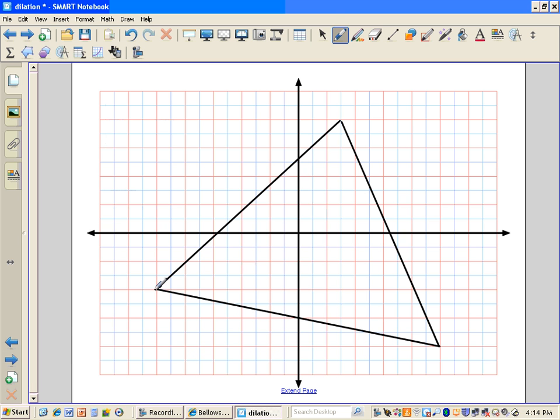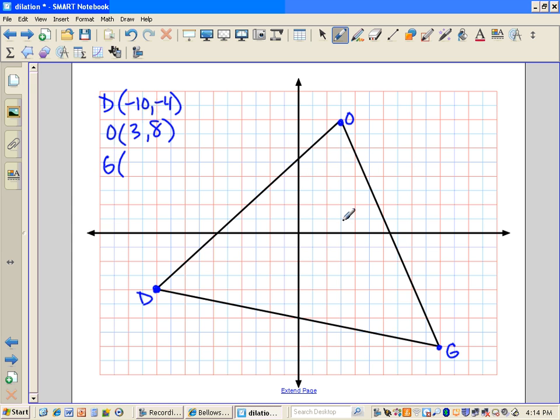So here, let's make this D, O, G. So right now D is the point (-10, 4). O is the point (3, 8).